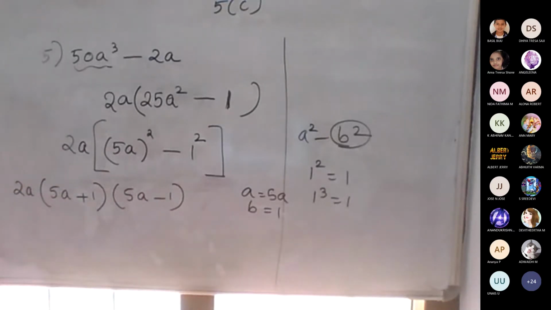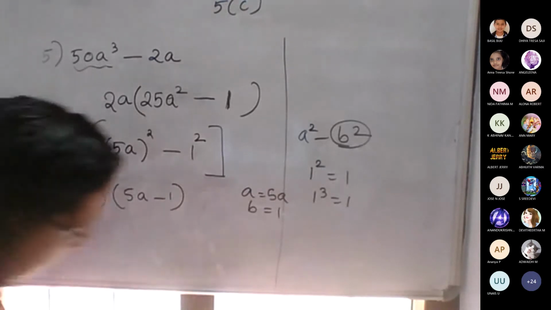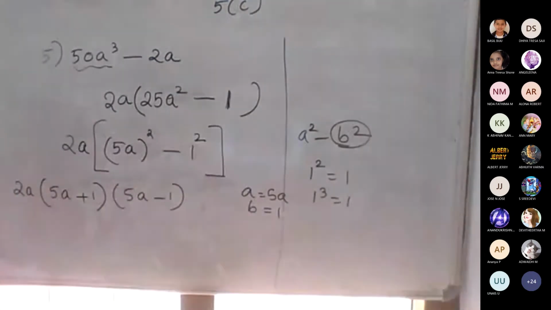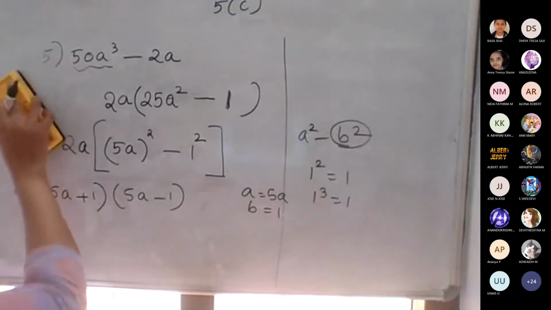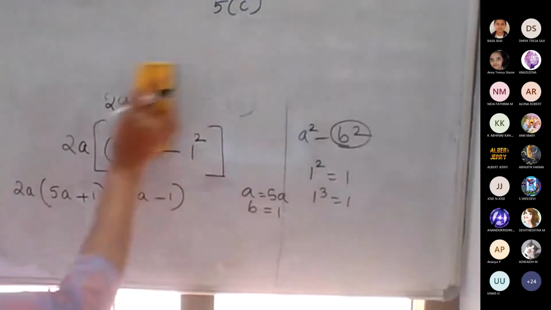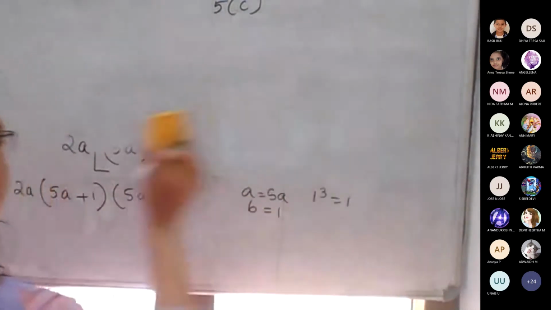Then question number 6: 4a square b minus 9b cube. Some extras are there that we can take common.